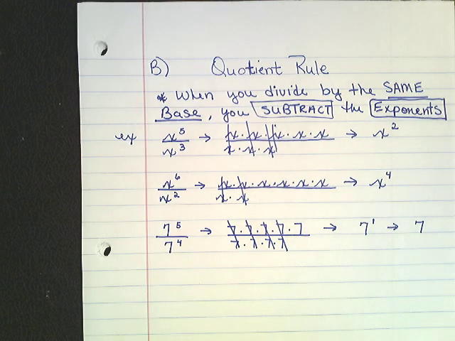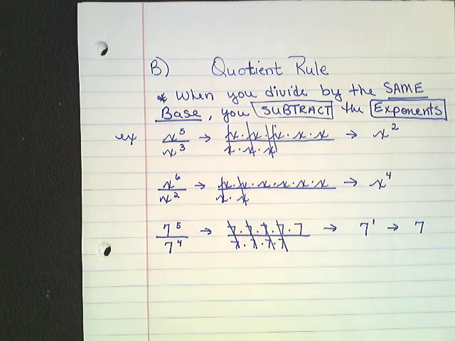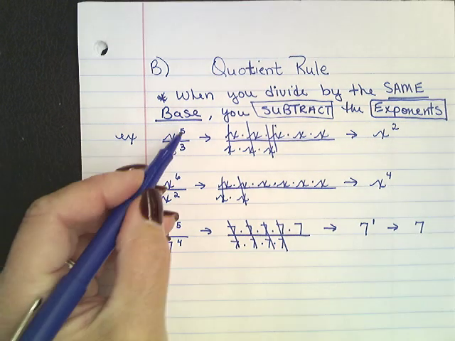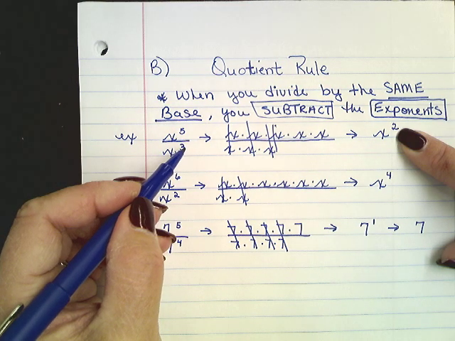Okay, so I put that in squares. So subtract the exponents. All right, so that would have been 5 minus 3 would have given me 2.